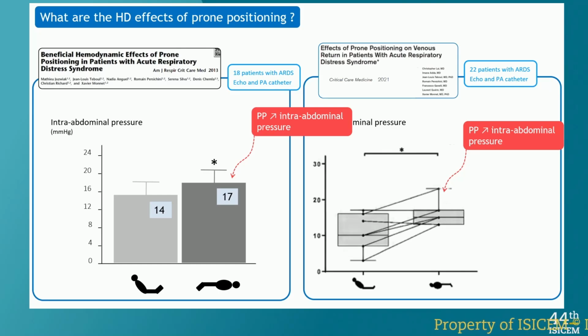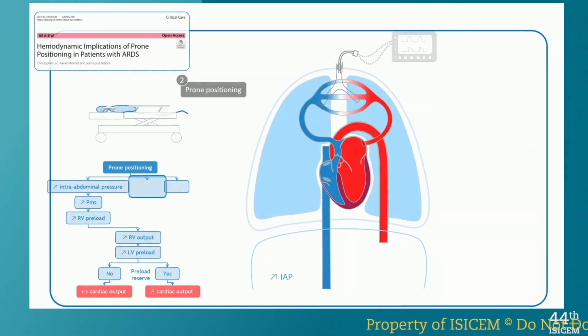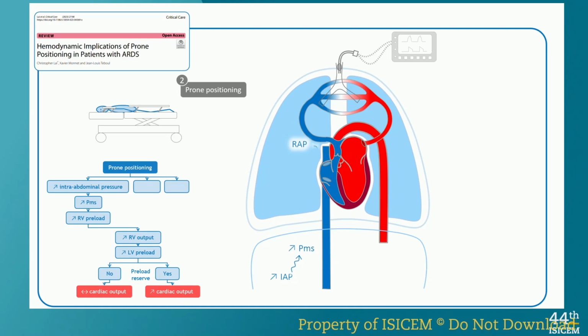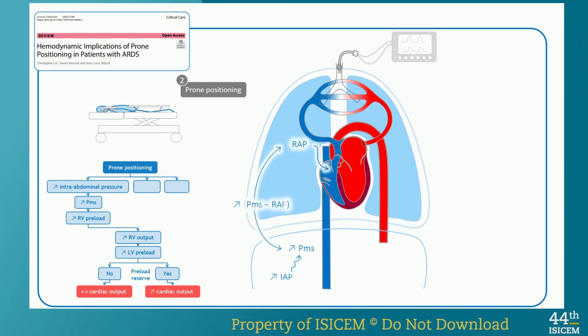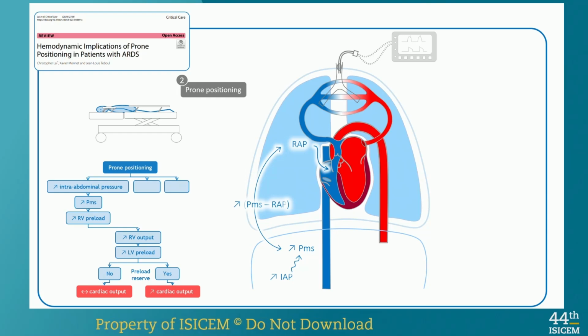This is significant. This increase in intra-abdominal pressure is transmitted to the splanchnic vasculature. It increases the mean systemic pressure, the forward pressure of venous return. It tends to increase the pressure gradient of venous return, tends to increase venous return, and then to increase cardiac output.